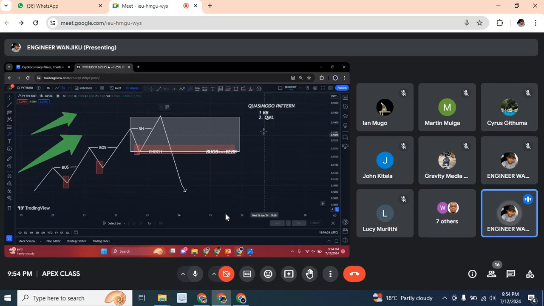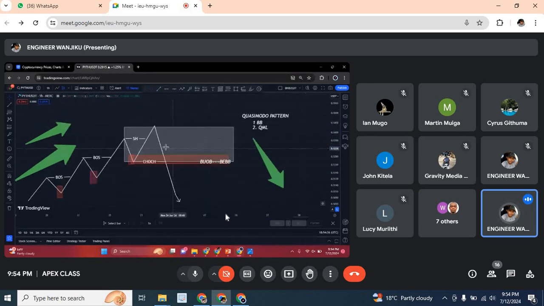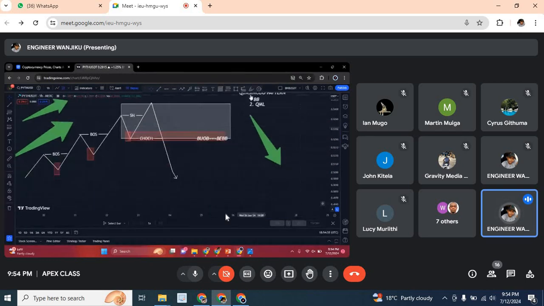So the first way of trading this Quasimodo pattern is trading this breaker block right here. In this case, this is a bearish Quasimodo. So the first way you can trade is have your entry point from this bearish breaker block, which was initially a bullish order block, for the market to come to a zone before continuing with the downtrend.